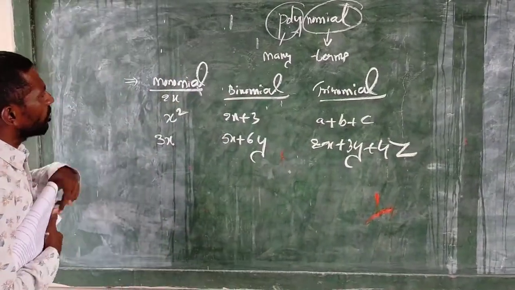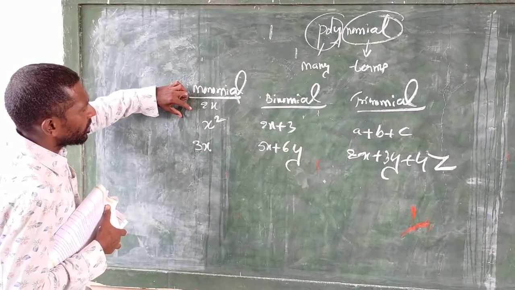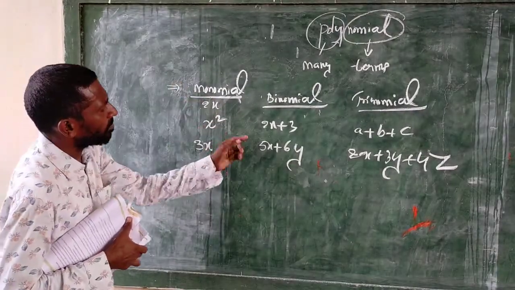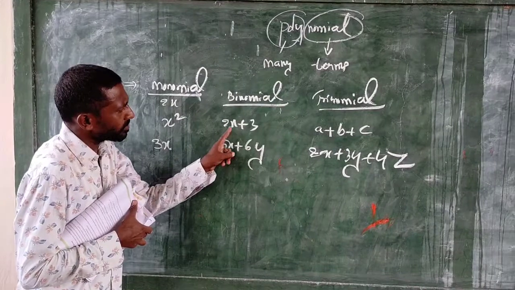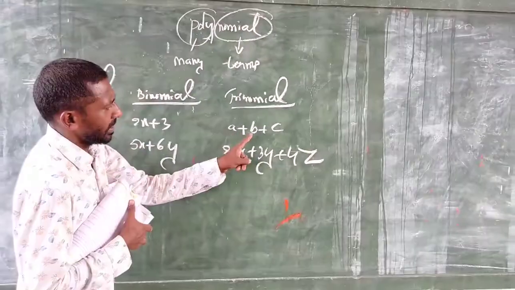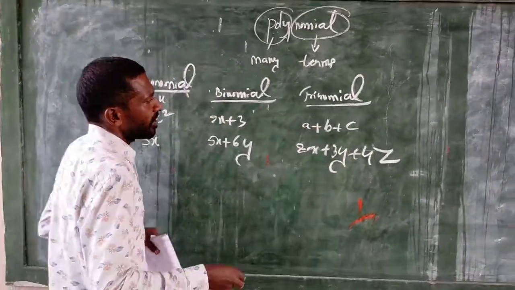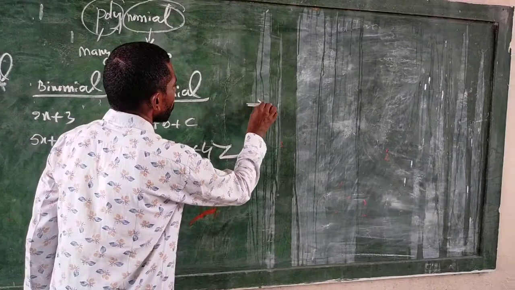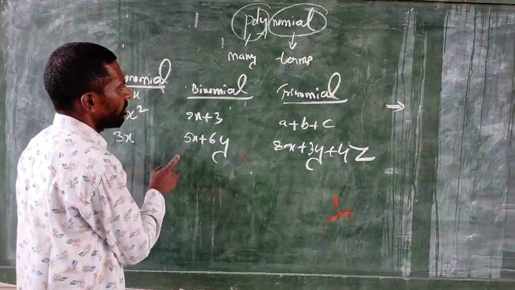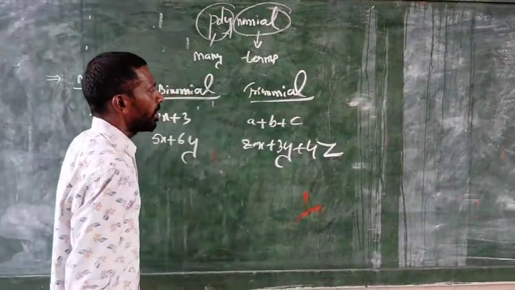For example, one term is a monomial, called one term of a polynomial. Binomial, two terms: 2x, 3, two terms. Trinomial: first term, second term, third term, three terms are there. And for the higher degree, more than three terms are called a polynomial.